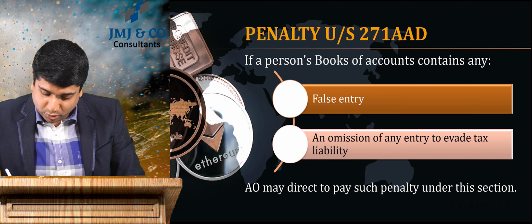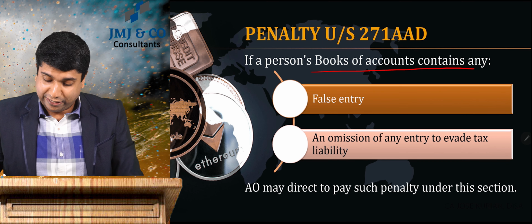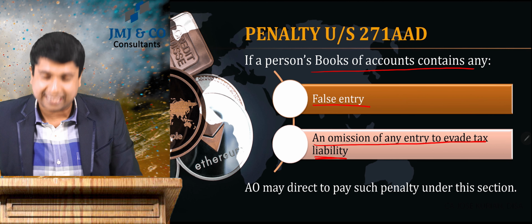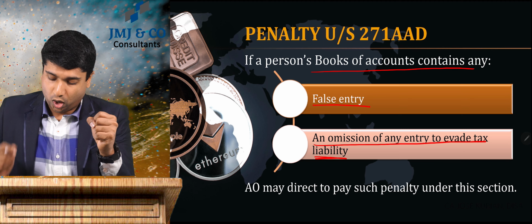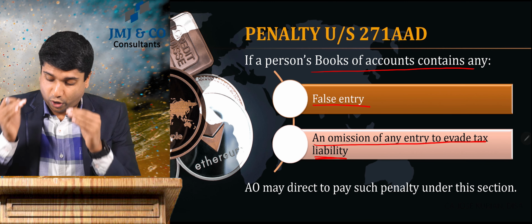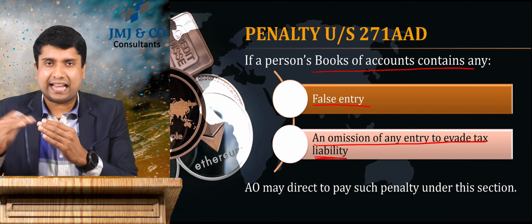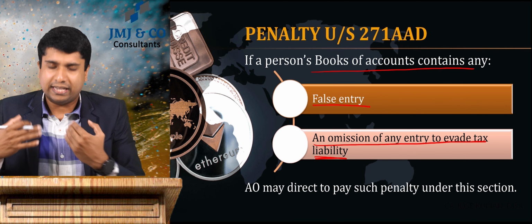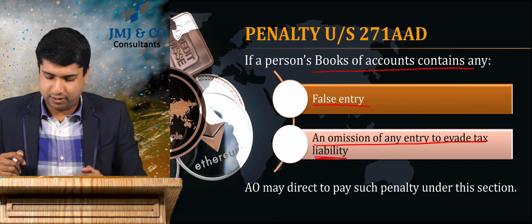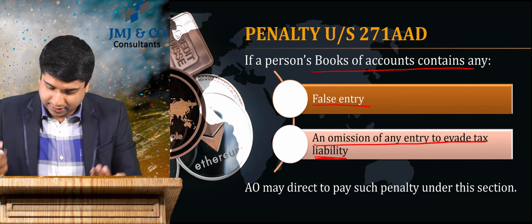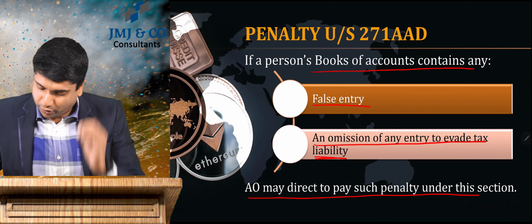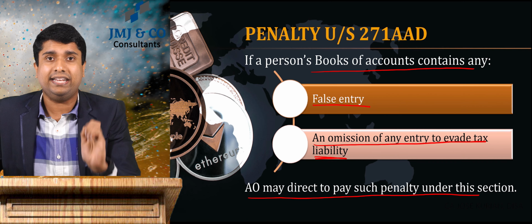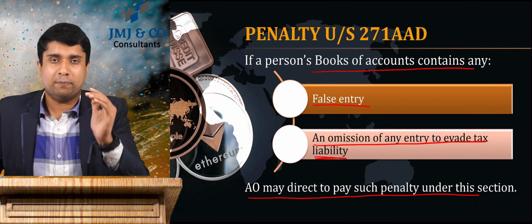If a person's books of accounts contain any false entry or an omission of any entry to evade tax liability, say for a simple example, I have incorporated a fake purchase invoice in my books of accounts to reduce my profits, it can be called a false entry, right? Then the AO may direct to levy a penalty under this section. The AO can invoke 271AAD and charge penalty from that particular person.